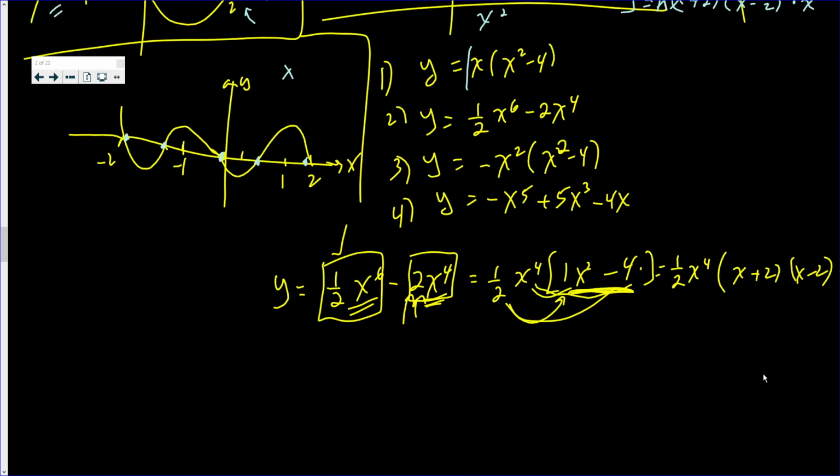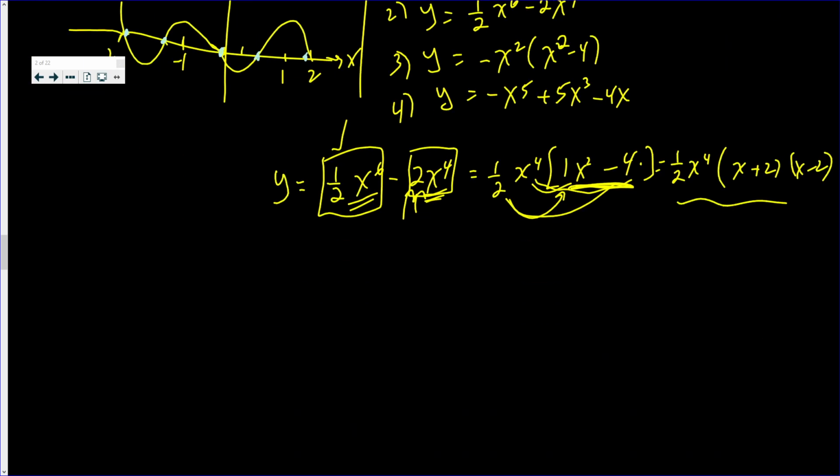That's x plus 2 times x minus 2. Now, if you ask me to graph this, I would say, the zeros are 0, but it's an even power, so I won't cross it. -2 and +2. And when x is really large, a half is positive. X to an even power is always positive. Large plus 2 is positive.